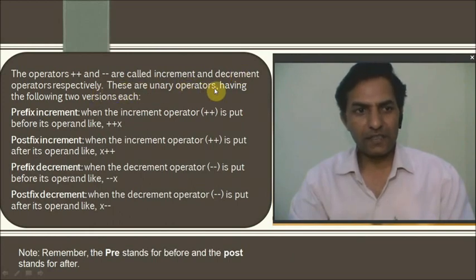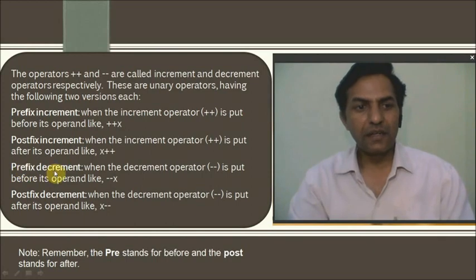These are unary operators having the following two versions each. Prefix increment, that is when the increment operator plus plus is put before its operand, like plus plus x. Postfix increment, that is when the increment operator plus plus is put after its operand, like x plus plus. Same about decrement.